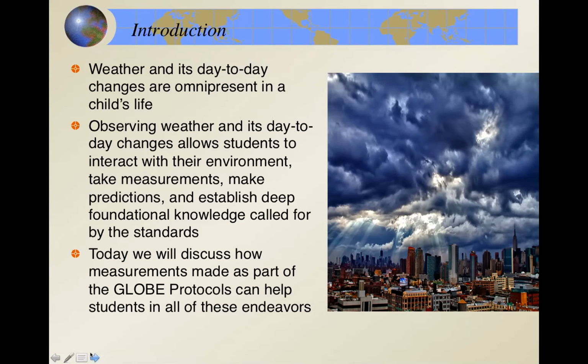So what we want to talk about today is how measurements made as part of GLOBE protocols can help students in all of these endeavors.